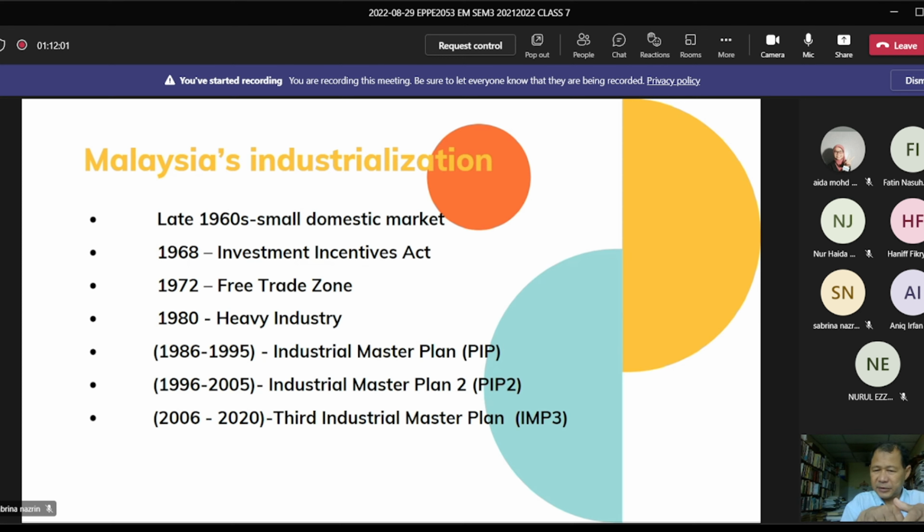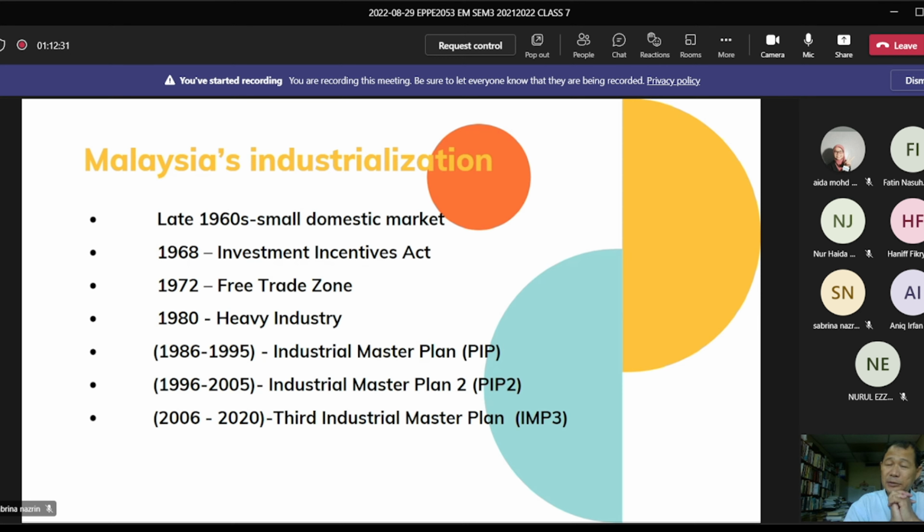And then you have this master plan. So in summary, I'm trying to complete your list here by mentioning the 1958 Pioneer Industries Ordinance, and then moving into import substitution.